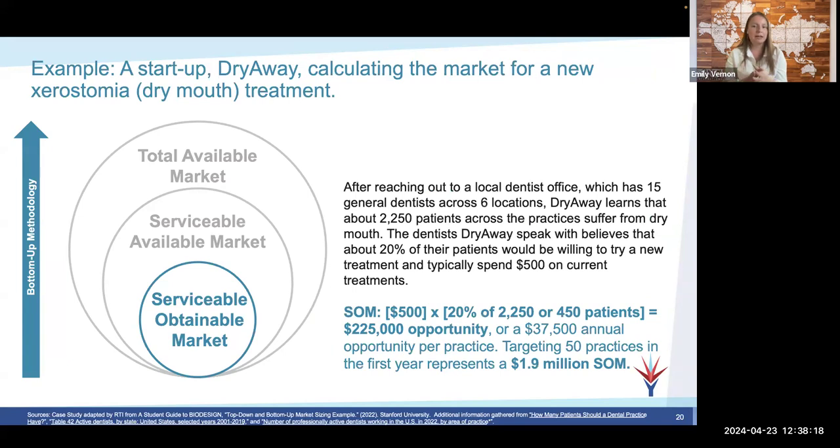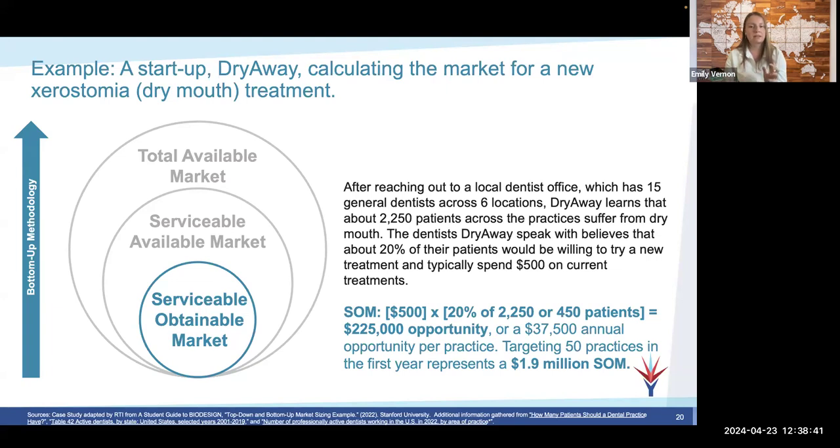Dry Away had some connections to a dentist that had 6 locations close by their office. They learned that 2,250 patients across the practice suffer from dry mouth. These dentists believe that only about 20% of the patients would be willing to try a new treatment. They also validated that patients typically spend $500 on current treatments.